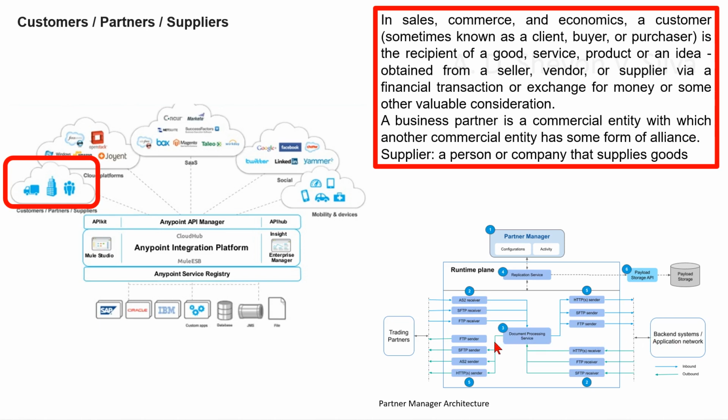And here the document processing service is connected to the SFTP sender, AS2 sender, and HTTPS sender, as this one is inbound, and this one is outbound.